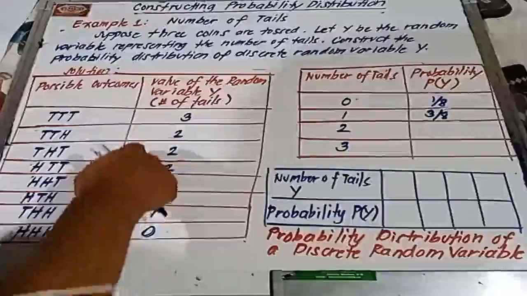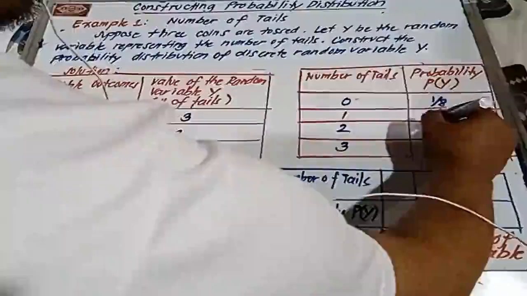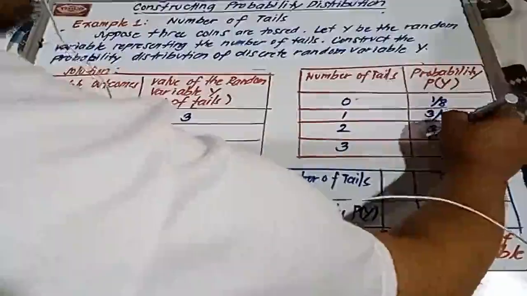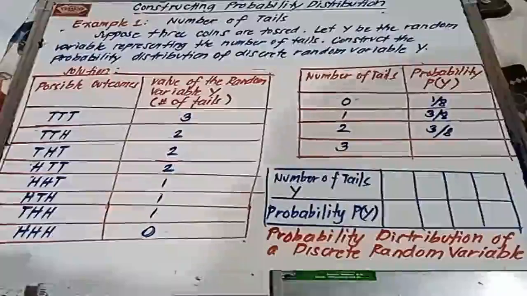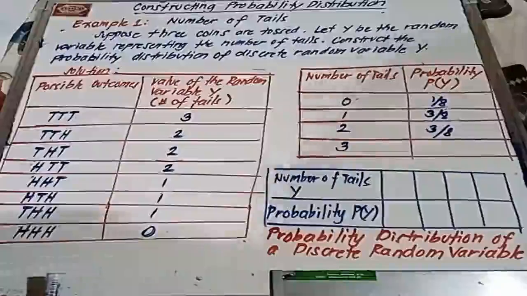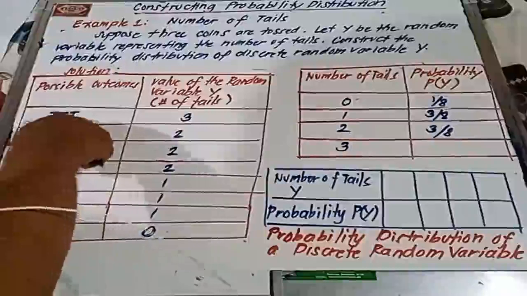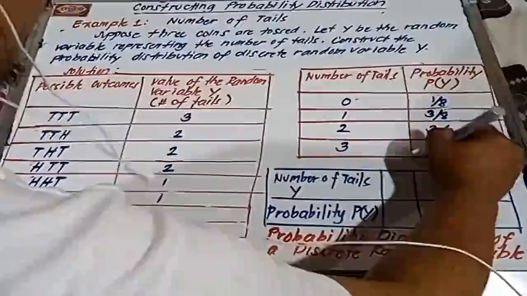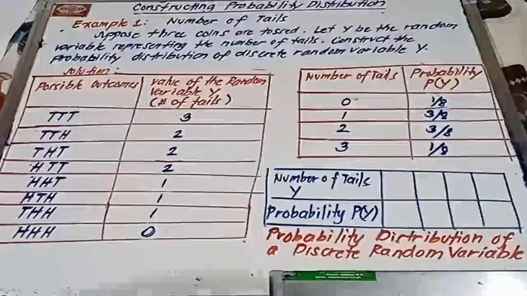Since there are 3 elements na may 2 tails, ang probability niya is 3, the number of favorable events natin, and 8 is the elements of the sample space. Ano naman yung probability na 3 tails ang lalabas in tossing 3 coins? So, isa lang ang element na tatlong tails. So, we have 1/8. So, ito na yung ating completed second table.